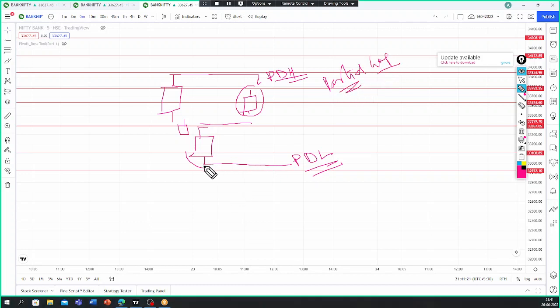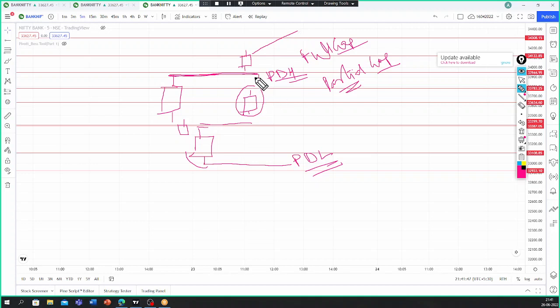Now I'll give you for PDL also. If your gap up opening is here, above previous day high, this is considered as full gap up. Now, the chances of this going here. What are the chances in a partial gap?